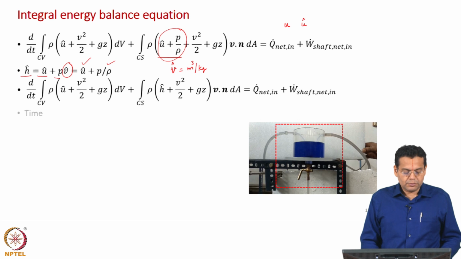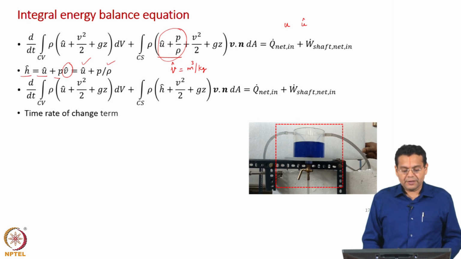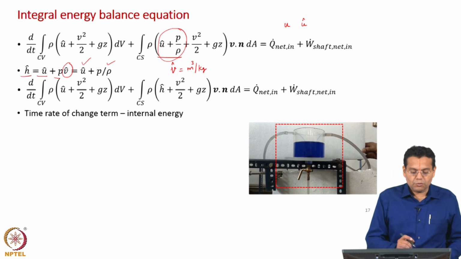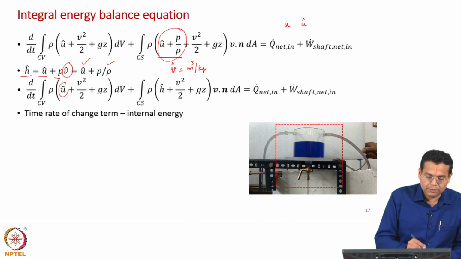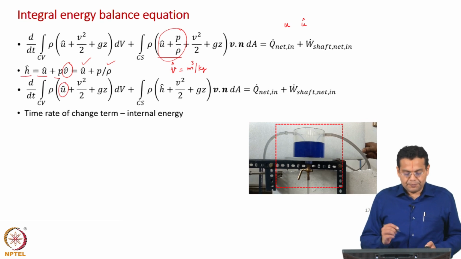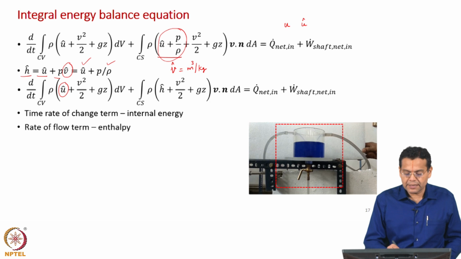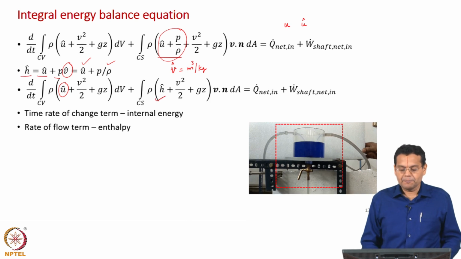Now, I would like to emphasize here that in the time rate of change term, the transient term, what you have is the internal energy only. In the convection term, the rate of flow term, what you have is enthalpy. This should be kept in mind.